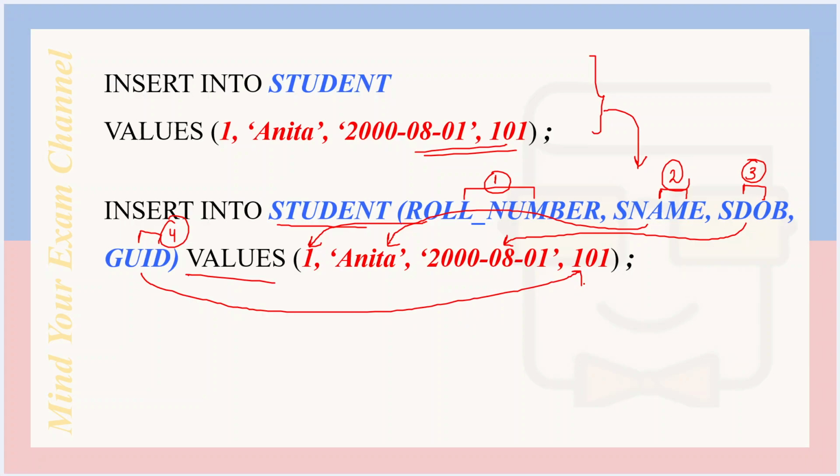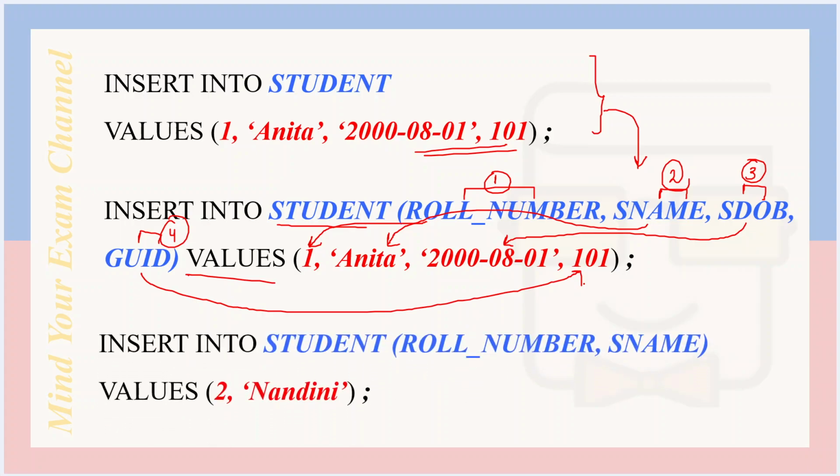Now in case you do not want to insert values into all the attributes of a table, say you want to enter a record into the student table with only roll number and student name, because GUID is a foreign key as we saw in the previous video and it can be null, and for student date of birth we have assigned a default value.